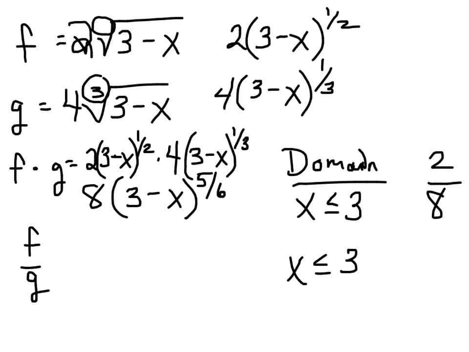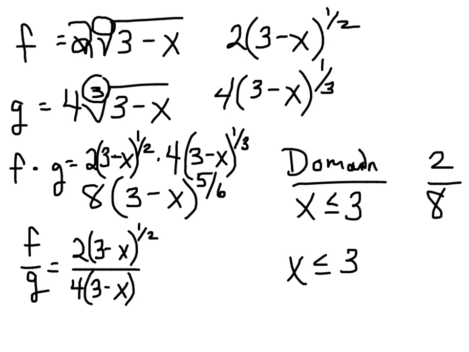Now let's do the dividing. I take 2 (3 minus x) to the half divided by 4 (3 minus x) to the third. First with the numbers, 2 over 4. Does 2 over 4 reduce to what? 1/2. Good.